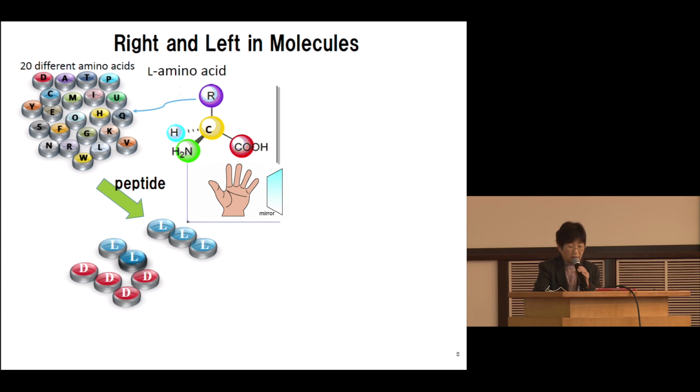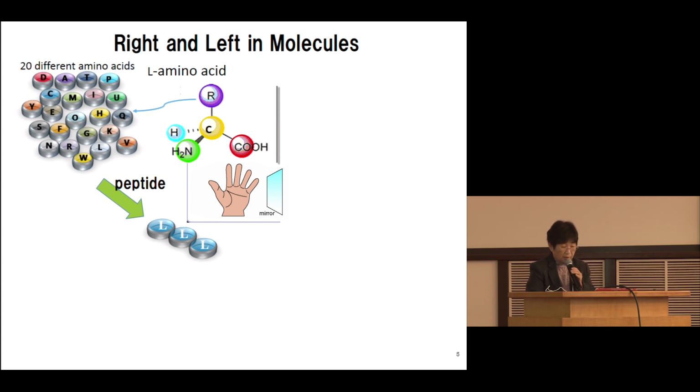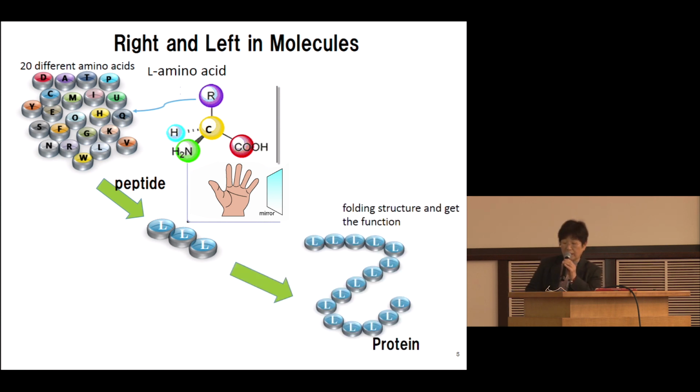But during evolution, D amino acids were eliminated, and D and L mixtures and D peptides were eliminated on the primitive Earth. And short L polypeptides evolved into proteins.